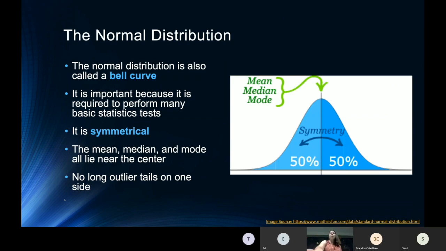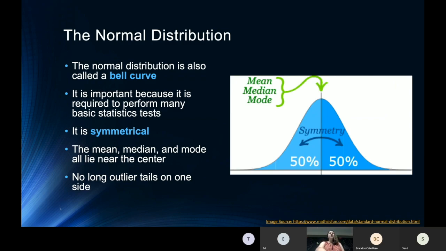So I'm going to put a lot of different images of the different aspects of the normal distribution on each individual slide, trying to build on it. So as I said, the normal distribution is symmetric. So the mean, the median, and the mode are, for the most part, going to be in the middle.